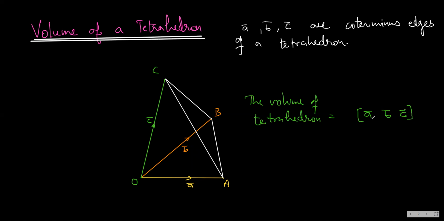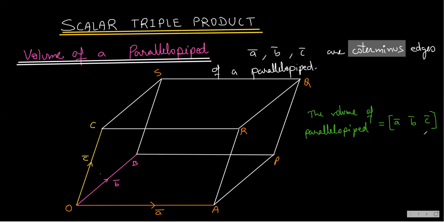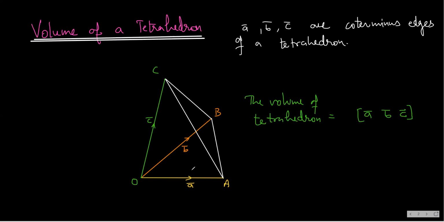In the parallelepiped, you had written the box product A bar, B bar, C bar when the three edges were A bar, B bar, C bar. Here also you have three edges A bar, B bar, C bar, so you will write the box product, but you will also multiply 1 by 6. Remember, it is 1 upon 6 times the box product of A bar, B bar, C bar.